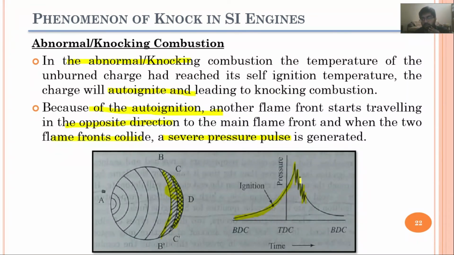Another thing that I want to mention here is that knocking in SI engine is also referred to as detonation, because its sound is just like detonators, and it has a very drastic effect on the IC engine.